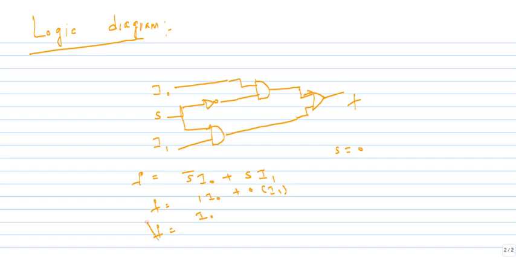So this selects F is equal to I naught only.